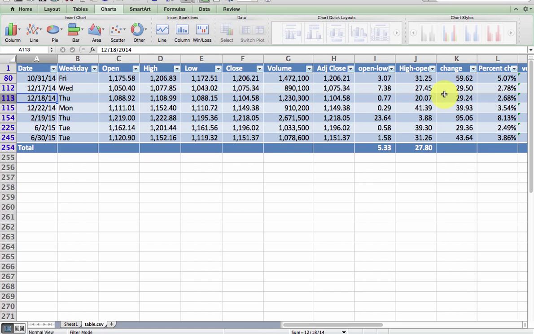The earnings came right around that time, and there was a big down move and then a big up move. But here we have on December 17th a big move up, and then on the 18th another big move up, and then just a few days later, the Monday following that Thursday big move, we had another big movement up.